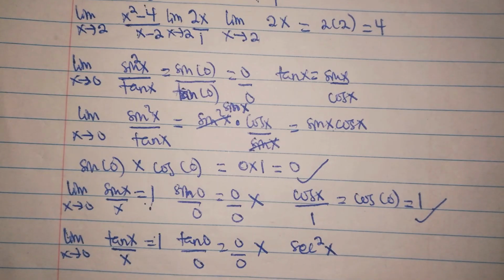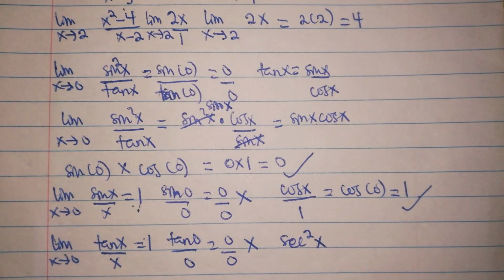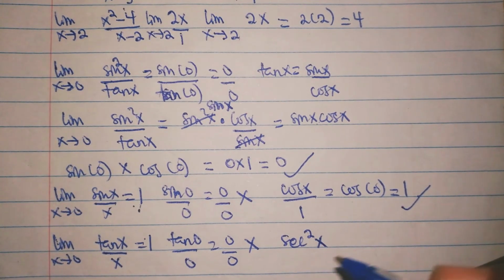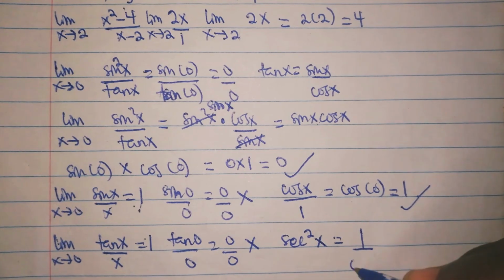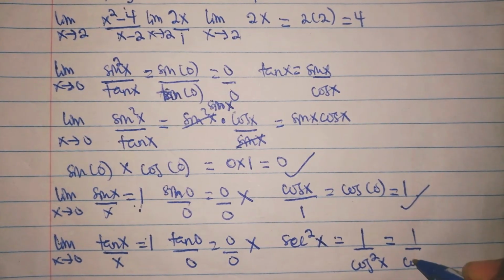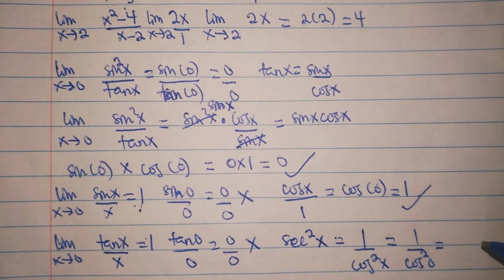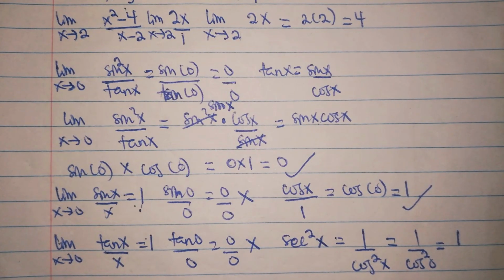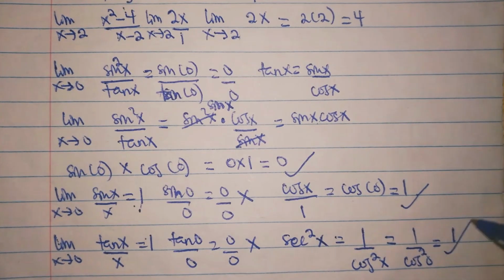Now we know that sec x is 1 over cos x, so sec squared x is the same as 1 over cos squared x. So 1 over cos squared 0, where cos 0 is 1, so 1 over 1 is still 1. So as you can see, you just want to check.